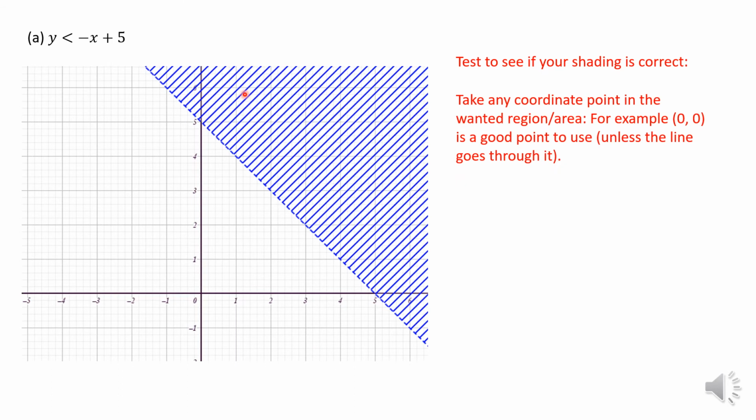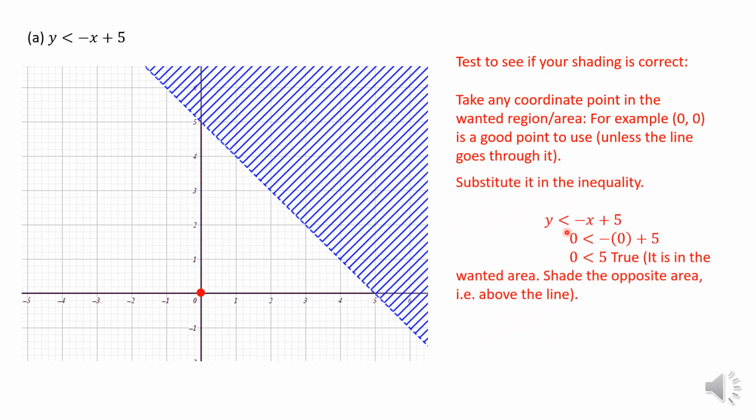All right, so once you want to determine whether you have done your shading correctly, you can choose a point like the origin here, 0, 0. And once you substitute that 0, 0 into the inequality, you realize that yes, 0 is less than 5, which is true.